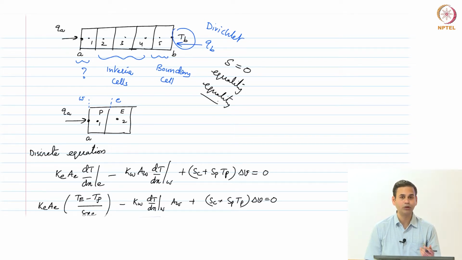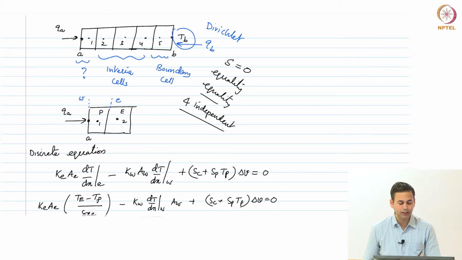As a result, you will only have 4 independent equations, and you will be able to solve, and you will satisfy Scarborough because one of the cells would come out to be a known value. In that context, you will still be able to satisfy Scarborough and get an answer using an iterative method or a direct method. This we will probably see in a particular assignment problem or something like that. I will try to set up a problem like that.